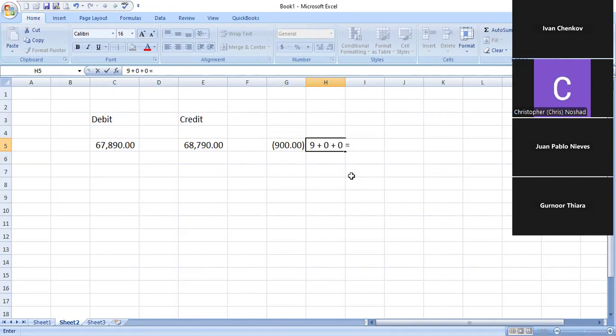The total is 9. As long as the total is 9, it's a transposition error. Another example. Let's go with 54723, and let's go with 54273.